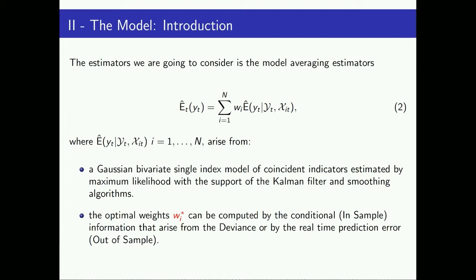Then we have, on one hand, the in-sample approach, and on the other, the out-of-sample approach. Of course, we also investigate the flat weighting scheme, that is essentially the simple average, which is a good competitor in this case.